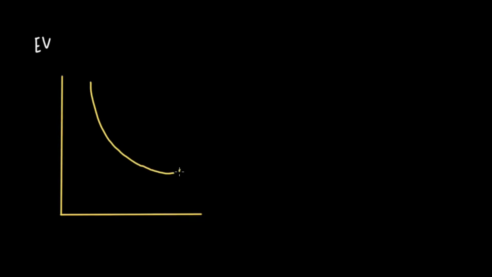So let's look at our indifference map here. And we have this original utility level again of U naught, and this original budget line right here, and the optimal bundle of consumption at A, so X sub 1, X sub 2.